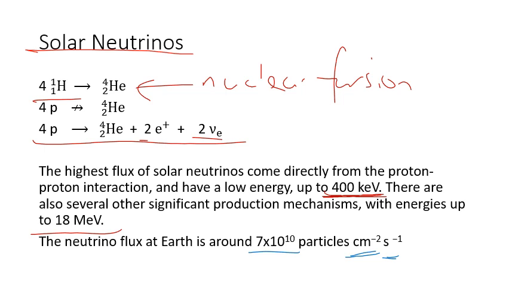The Earth is 150 million kilometres away from the sun. The sun is firing these neutrinos out in every direction. And if you took a sphere around the sun with a radius of 150 million kilometres, every square centimetre of that sphere would have 70 billion neutrinos passing through it every second.